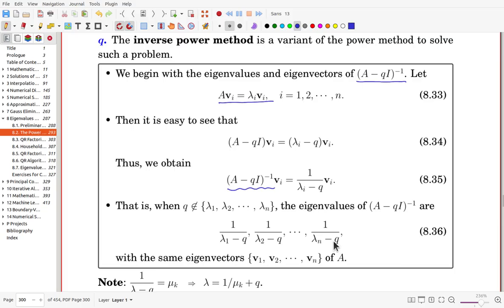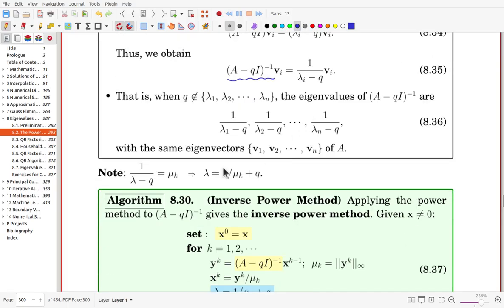In our inverse power iteration, we'll multiply this matrix again in each iteration, and the eigenvalues will be like that, so that among these values we'll get the largest one.